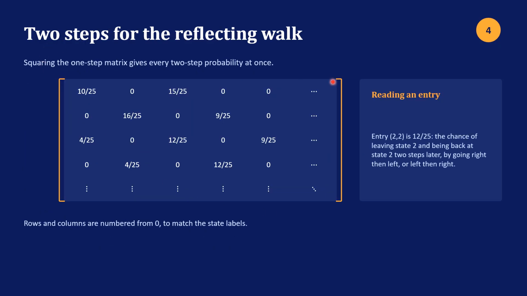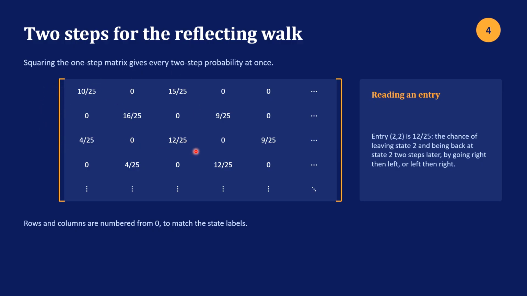And we have our example. I took the matrix T from a few slides back, and we wanted to know the two-step probabilities, so we had to raise T to the second power. Reading this is pretty straightforward. Entry 2, 2: remember, we're labeling these from 0, so it's 0, 1, 2, 0, 1, 2.